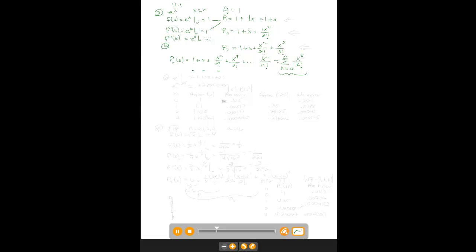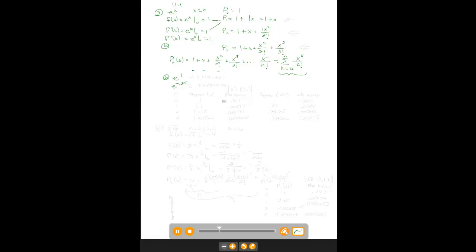This was part A, getting all of these. Part B wants us to use the polynomials to approximate e to the 0.1 and e to the negative 0.25. It says find absolute errors, meaning take the actual function and subtract your approximation. Use calculator values for the exact values of f.